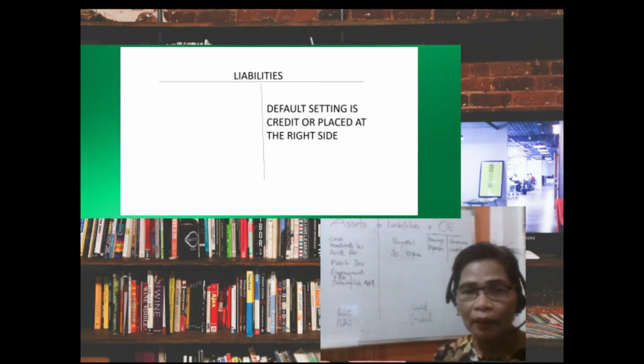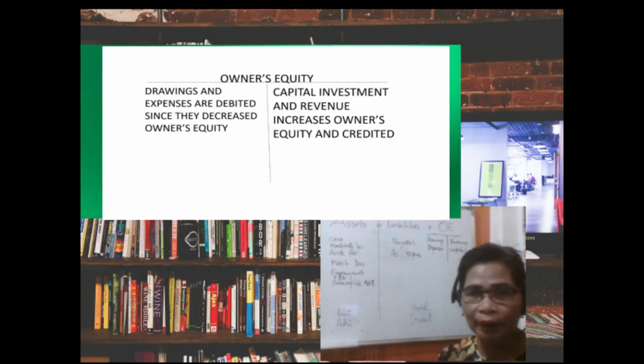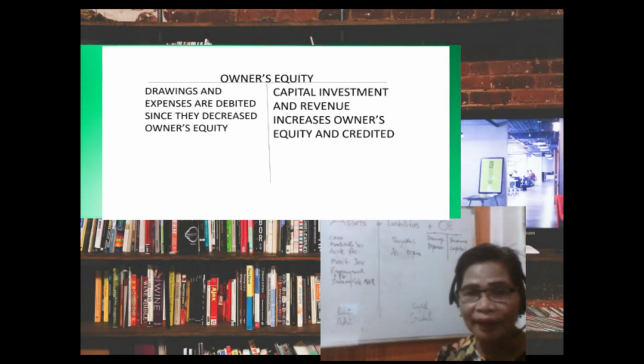Now, the owner's equity is a little challenging or complicated because it has accounts that are not really credited, but are debited at the time that they are transacted. So for the owner's equity, what we're going to debit or place at the left side are drawings and expenses.